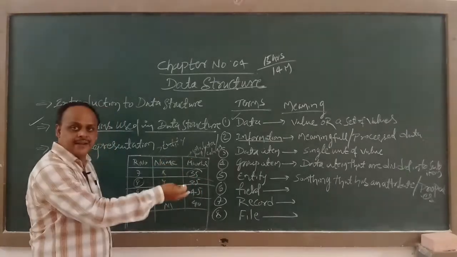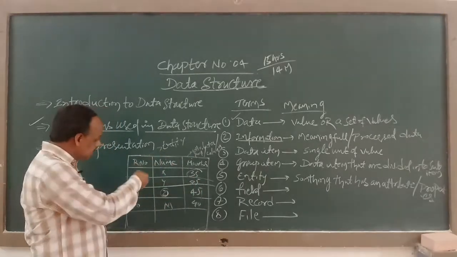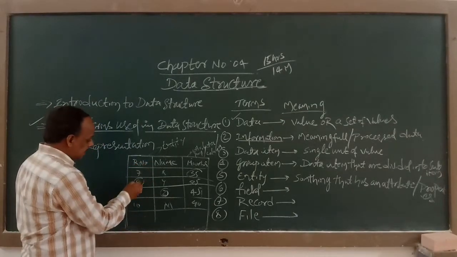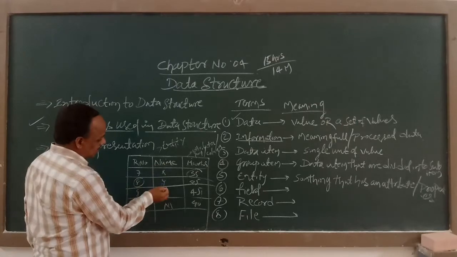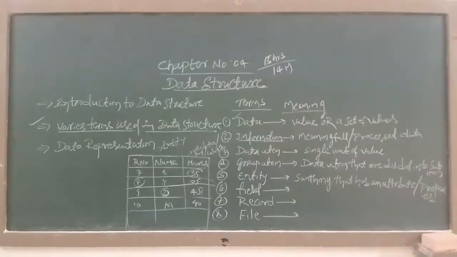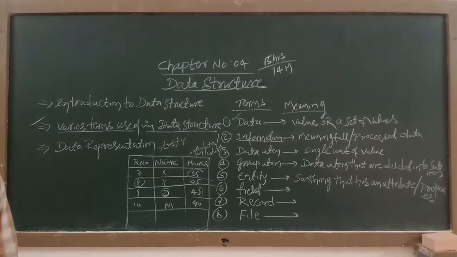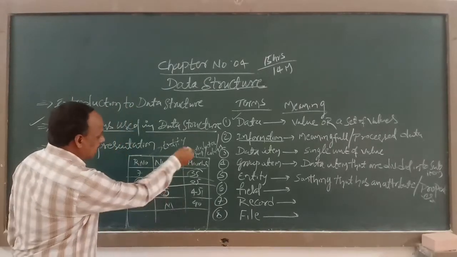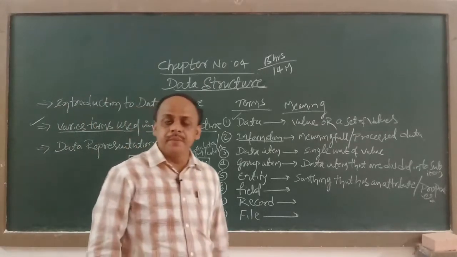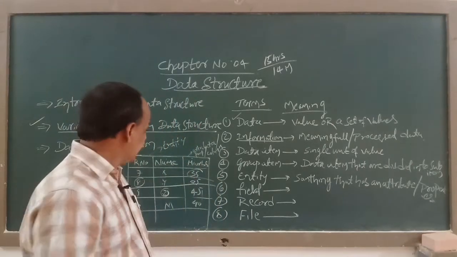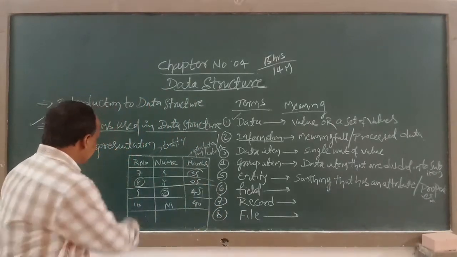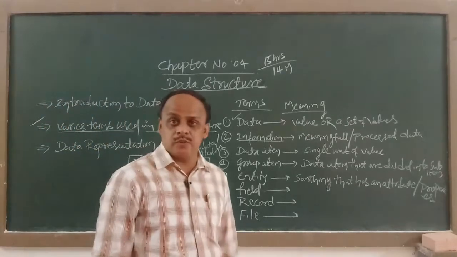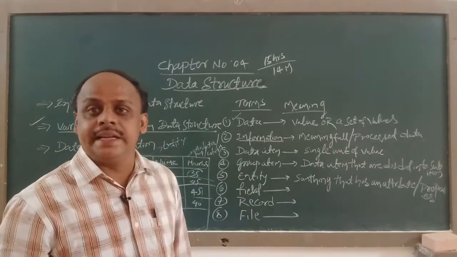These are the attributes or columns, and these columns have some values. Roll number may be 7, 8, 9, 10, name X, Y, Z, M, and marks. So in this table, roll number, name and marks are the attributes or columns, and each attribute has some assigned values. Such a thing is called an entity.